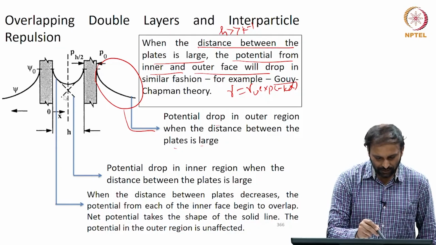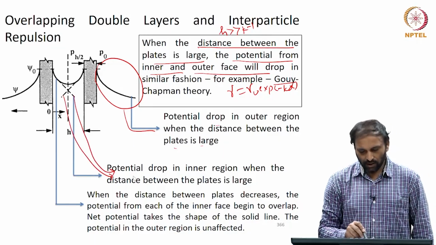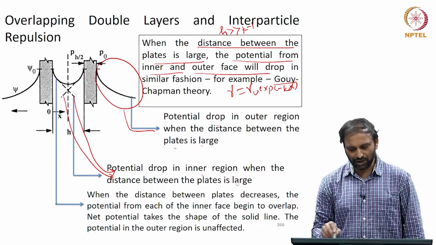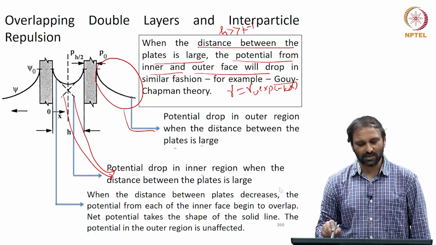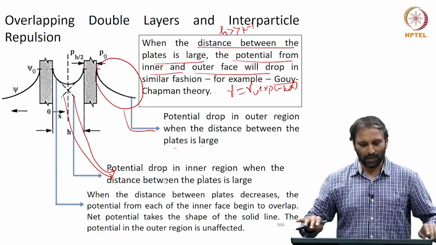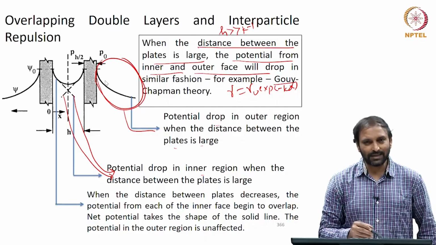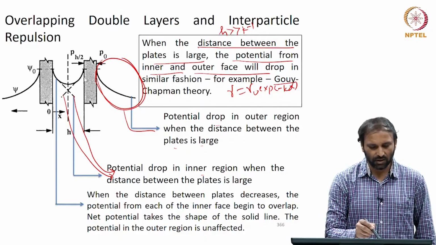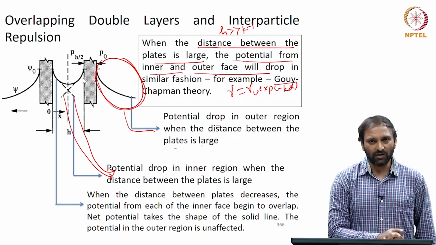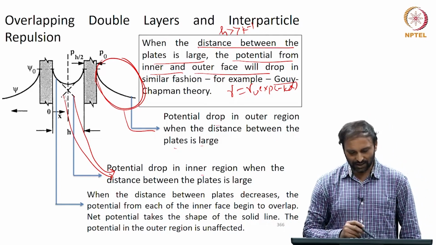If you look at this dashed line, this as well, it is the potential drop in the inner region when the distance between the plates is large, that means when they are sufficiently far apart. So, the way the potential varies in the outer region is exactly the same as the way the potential varies on the other face, and that is captured by this dashed line.